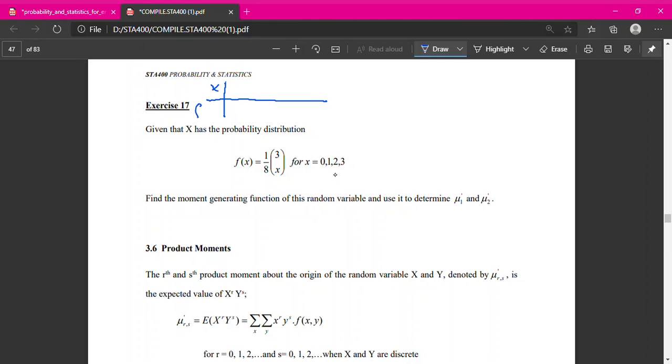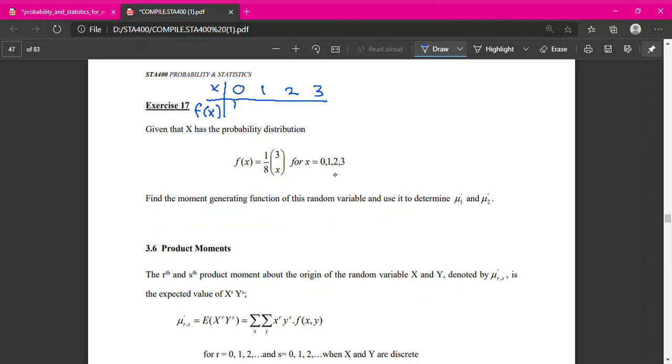You have x, we have x. So we have 0, 1, 2, 3. Okay, the function is 1 over 8 multiply 3Cx. So the first one will be 3C0 is 1.